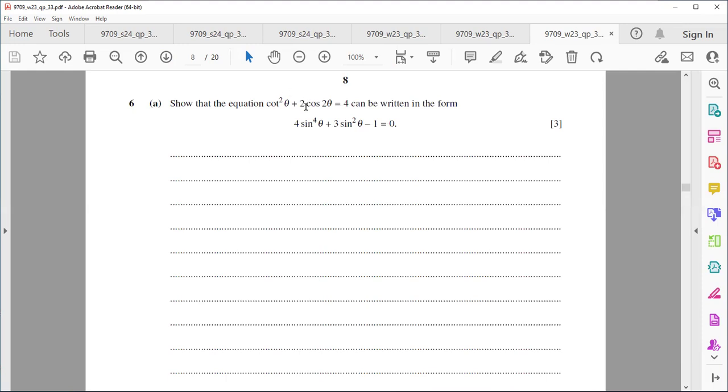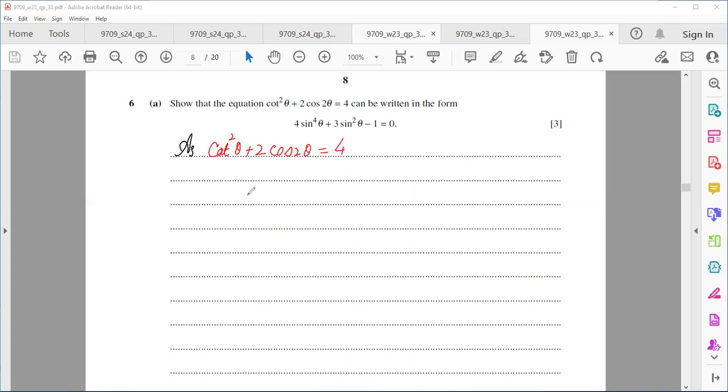So I start from the left hand side and I have to make the second one. How will I start? As the question is given, cot squared theta plus 2 times cos of 2 theta is equal to 4.